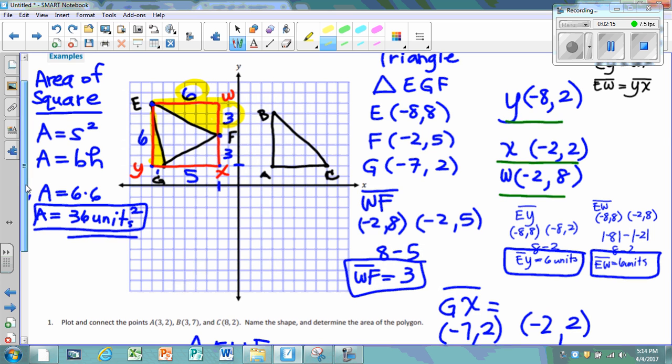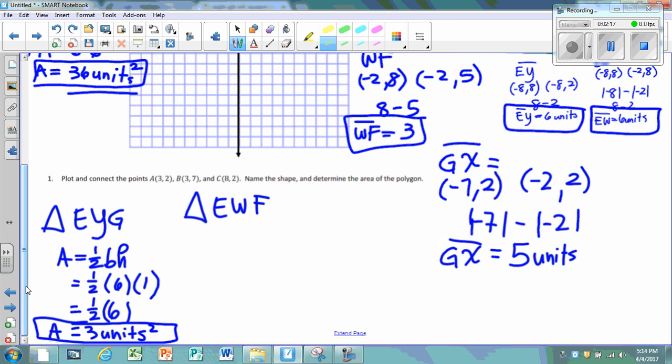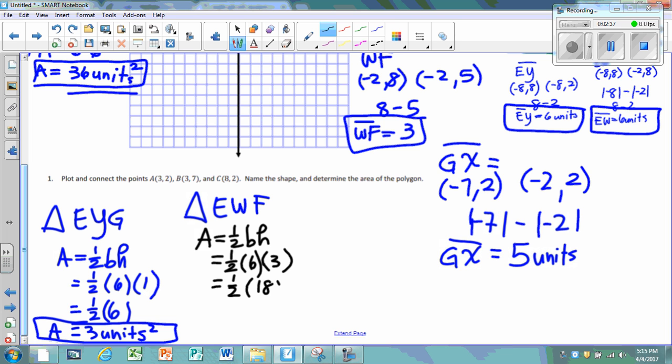So here we go. Area equals half base times height. We know that we have 6 as one value and 3 as the other value. So half of 18, and that equals 9 units squared.